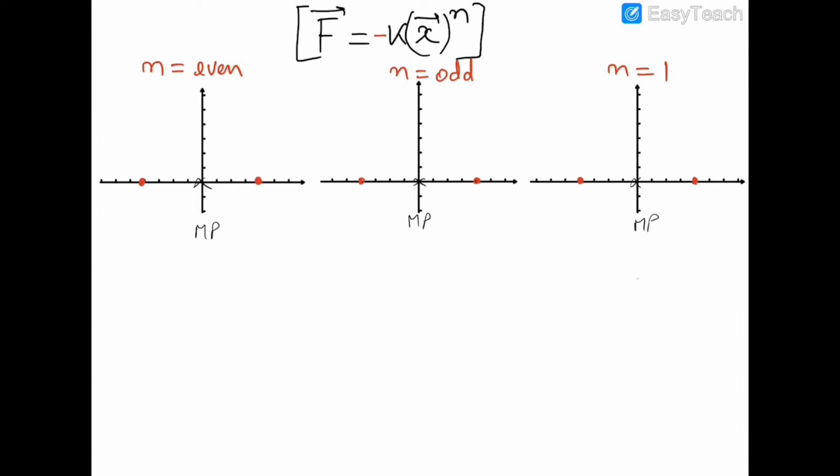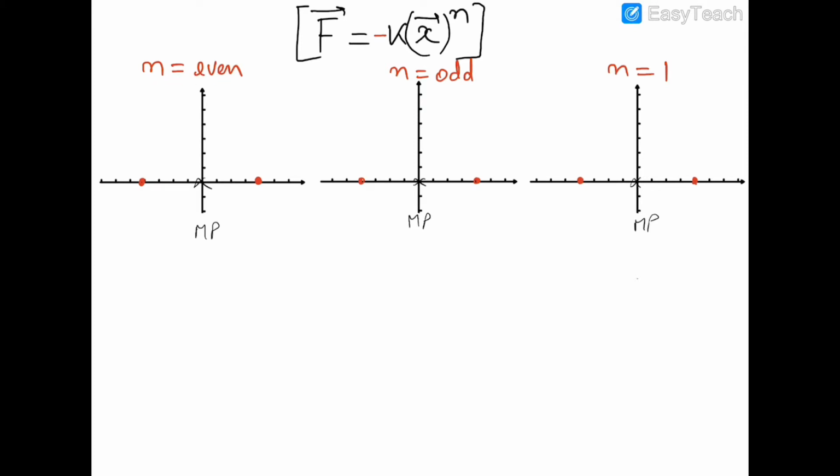Now this k is some constant and this n is some integer, and there is a negative sign. So we are assuming that this force is acting on a particle which is situated on x-axis. Now let us suppose that this particle is at a point which is having positive x coordinate, and n is even.